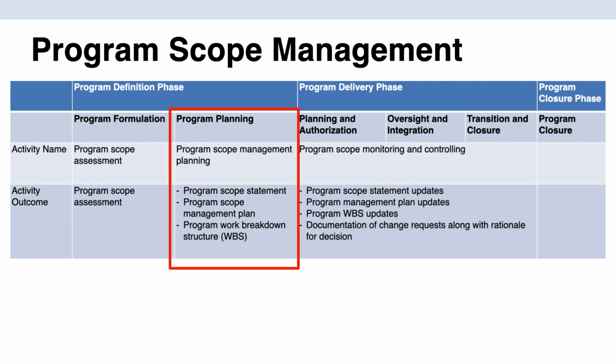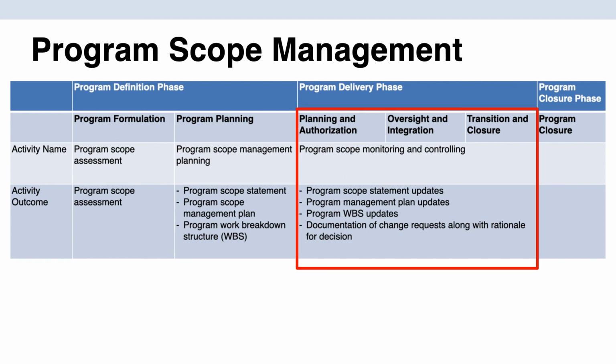The program scope management plan is a component of the overall program management plan, and it describes how the scope will be defined, developed, monitored, and controlled in the program. The WBS, or the work breakdown structure, is the deliverable-oriented hierarchical decomposition of the program scope, and it highlights the key deliverables produced by each of the program components.